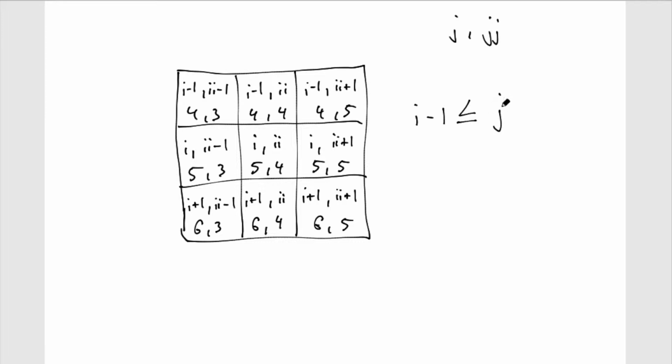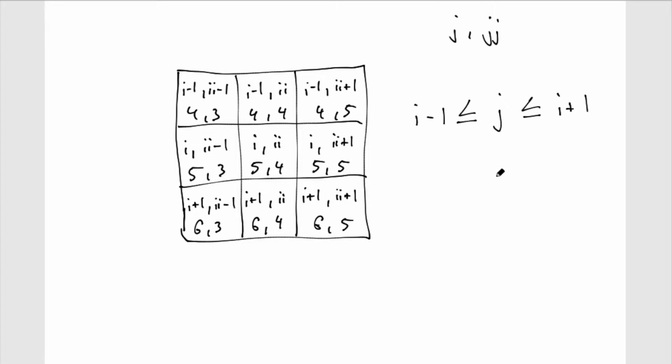So it should be larger than I minus 1, or at the minimum it should be equal to I minus 1. And so this would be the minimum value here to the left. And conversely, it should be smaller than I plus 1, or equal to I plus 1 as the maximum value. So it should just be within that range, including those two minimum and maximum values.